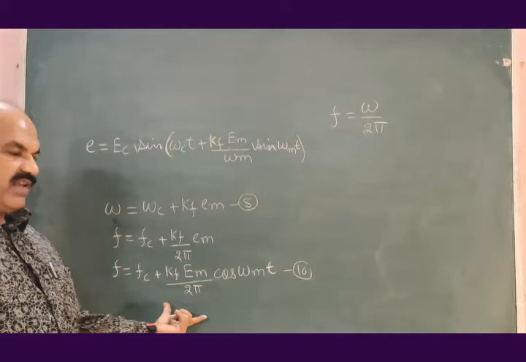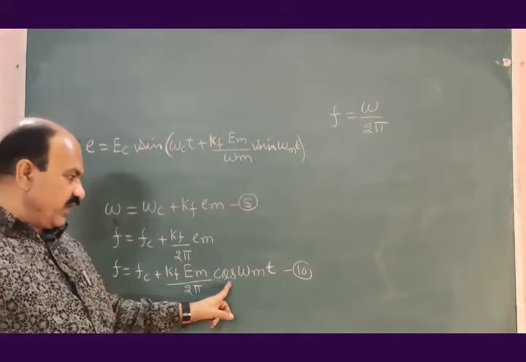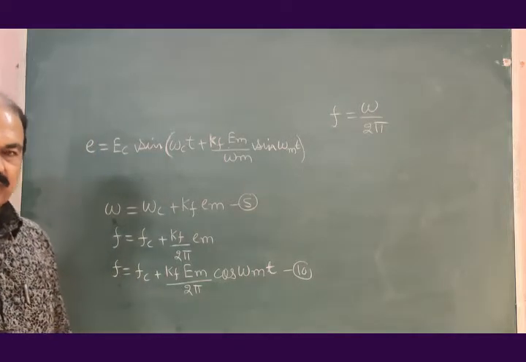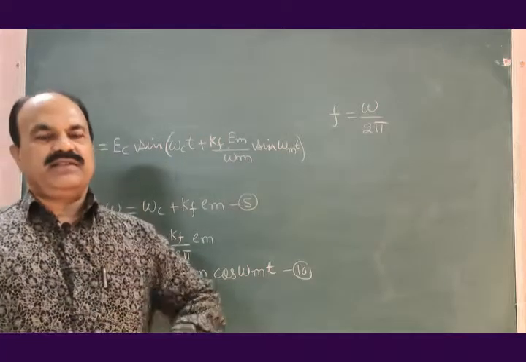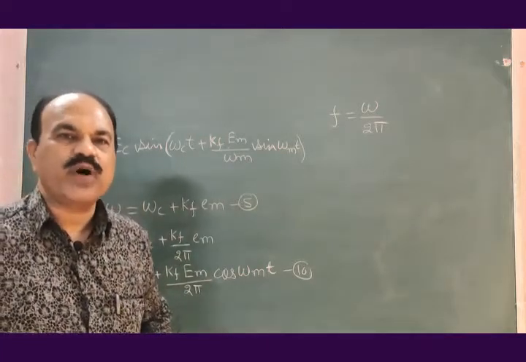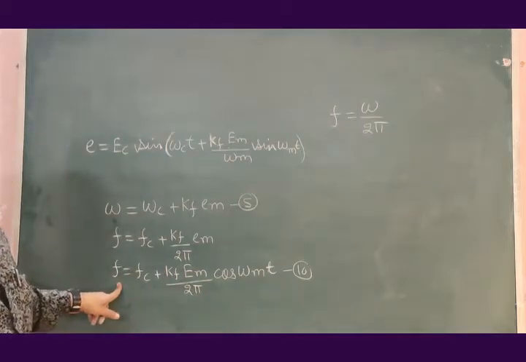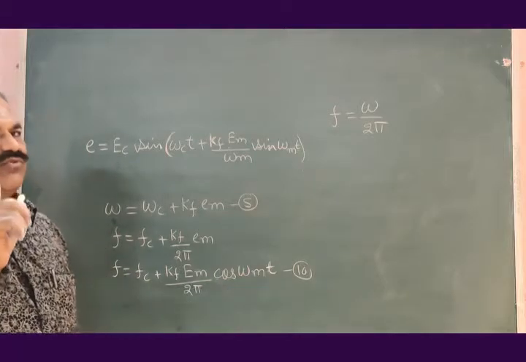We get the maximum value of F by using equation 10, if cos omega m t is equal to plus 1. What is the maximum value of cos? Plus 1. What is the minimum value of cos? Minus 1. This F will be F max if cos omega t is equal to 1.